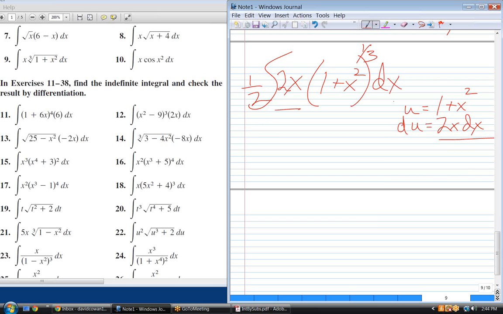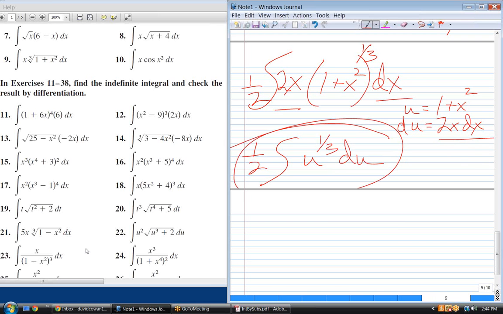Now, I've got my 2x dx. So now, what's the new integral look like? du times u to the 1/3. And you know how to do that. Okay.